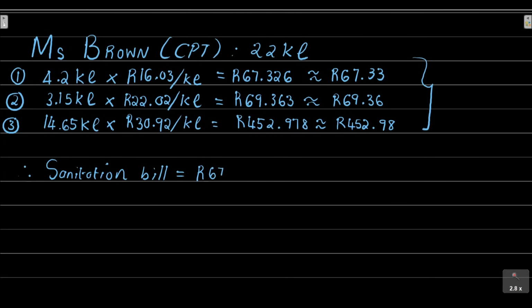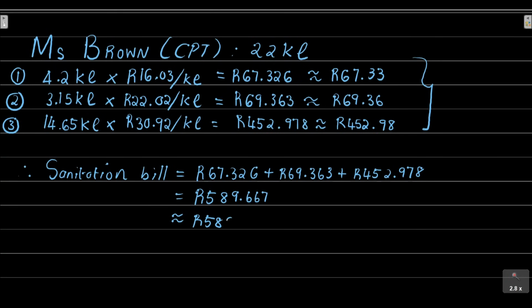It's going to be 67.326 plus 69.363 plus 452.978. If you punch it into your calculator, you'll get 589 rand and 667 cents, which is 589.67.